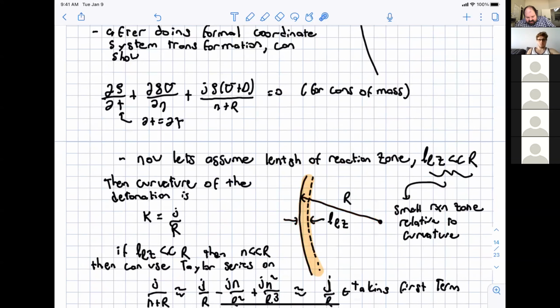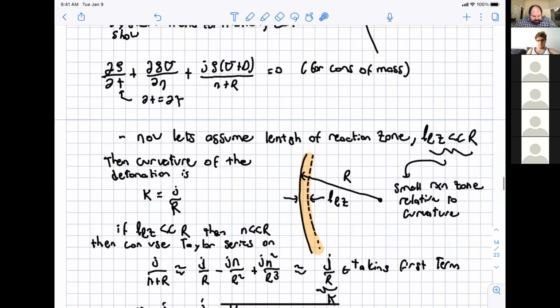That makes sense because for some explosives, the thickness of the reaction zone is on the order of tens of micrometers. So it is very, very thin for a lot of explosives. There are certain classes of explosives where the reaction zone is much thicker than that, and this theory starts to fall apart for those types of explosives.